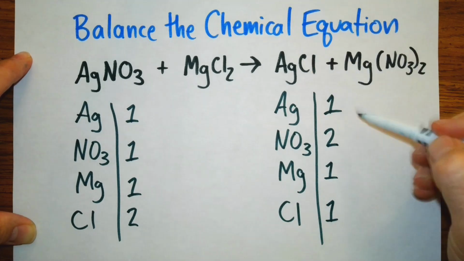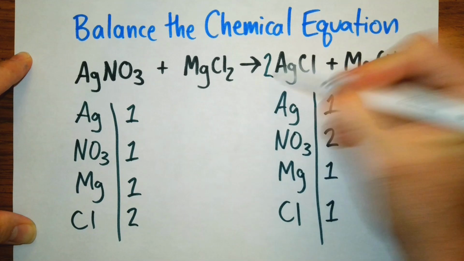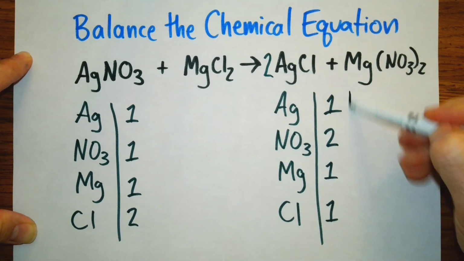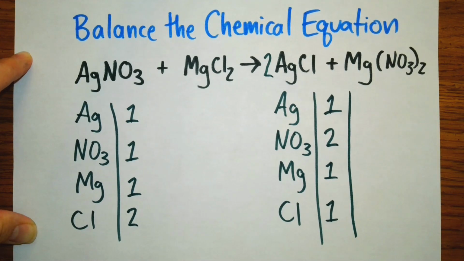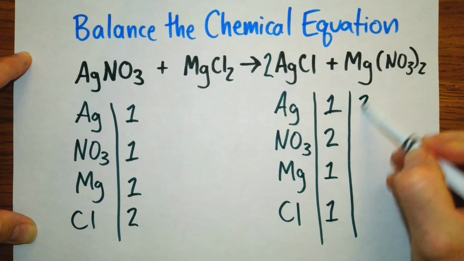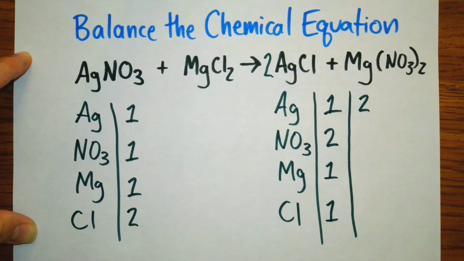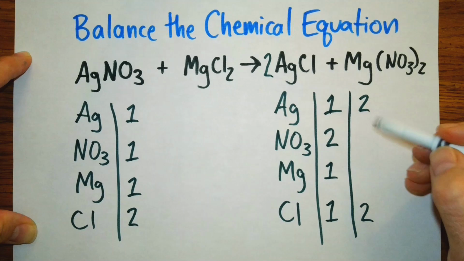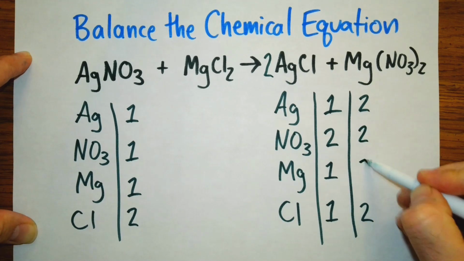So that number is going to be the coefficient that we put in front of this chemical. Now that we did that, it's going to have consequences. So now we'll have 2 silvers. Okay, now we'll have 2 chlorines. And this did not affect the other product that we have. So that just remains 2, that remains 1.